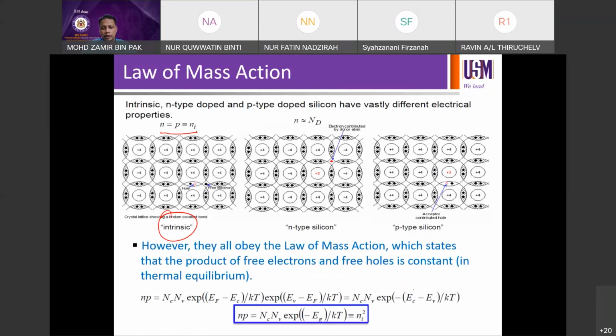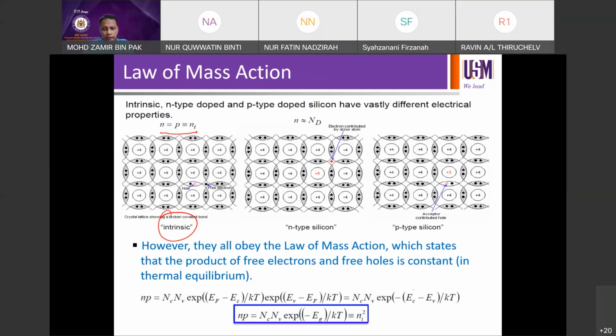Ni is the intrinsic carrier concentration, which depends on the number of bonds being broken, since to create electrons and holes you need to break a bond. And that depends on your operating temperature. So the higher the temperature, the higher the thermal excitation, due to more bonds broken.